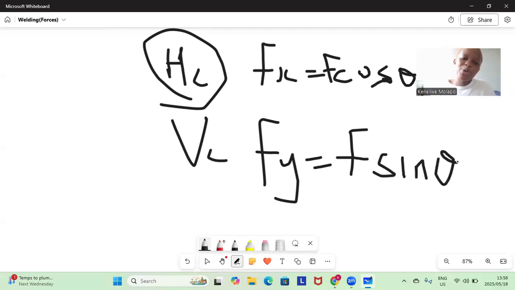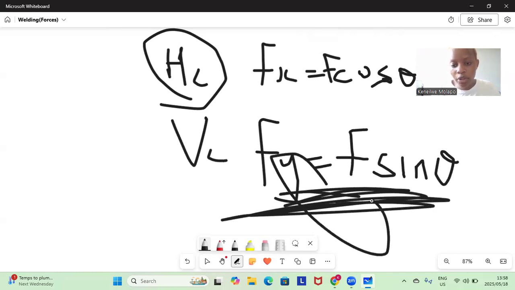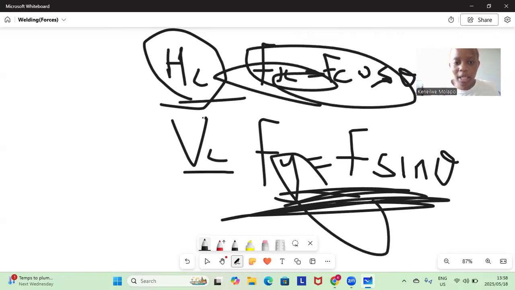For your vertical components, you add all your y's. That's my mistake, please forgive me. Like I showed you, this formula is the formula to find your Fy. You add all of them, then it will give you your vertical component. For your horizontal, you calculate all of them using this formula, then it will give you a horizontal component.